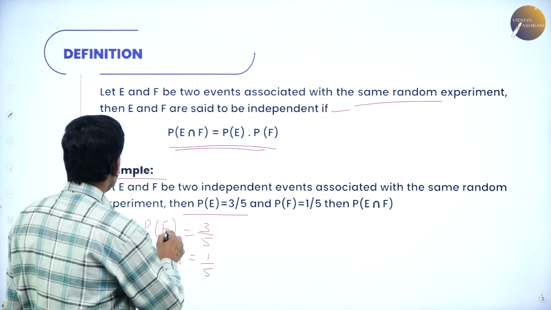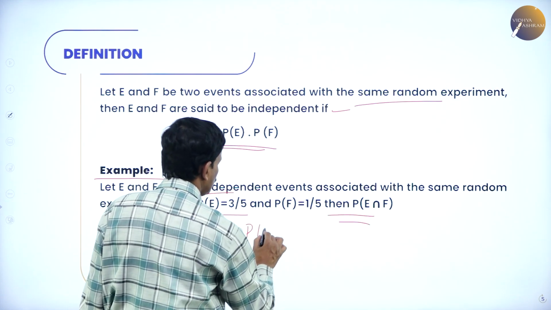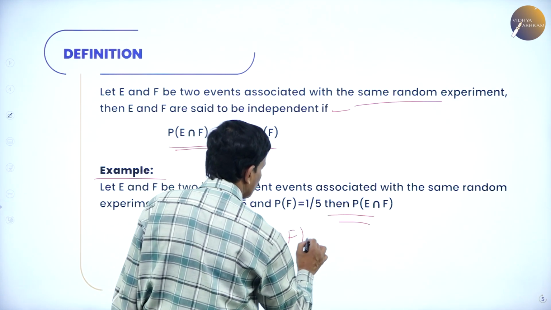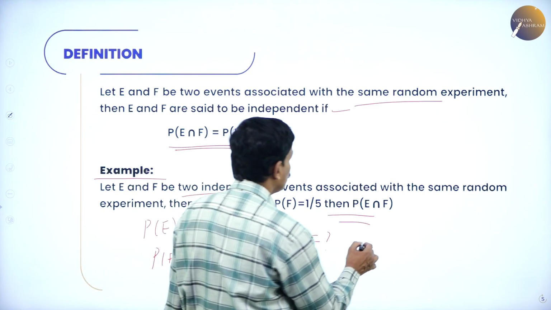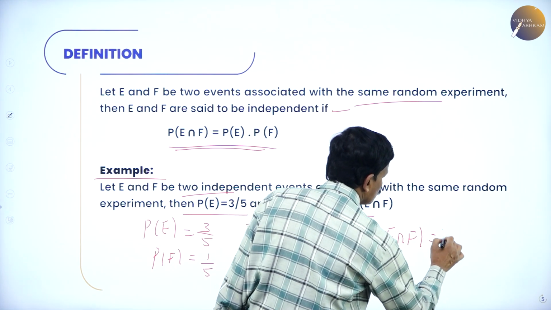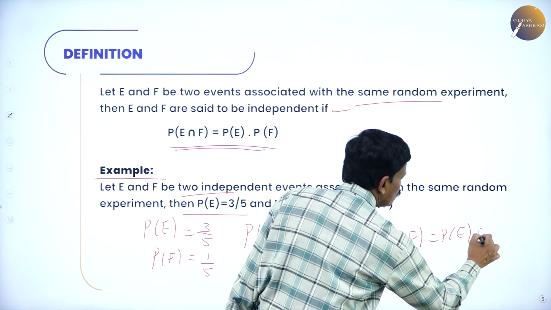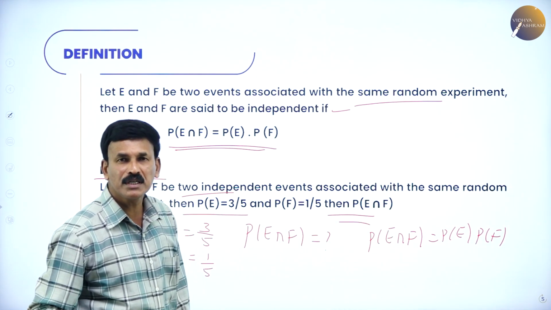If E and F are independent events, find the value of probability of E intersection F. Probability of E intersection F is equal to probability of E into probability of F, since E and F are two independent events.